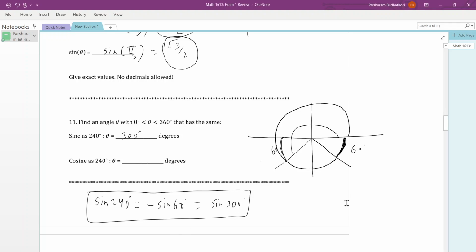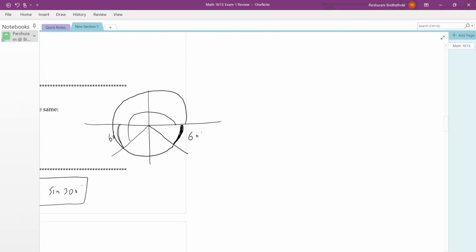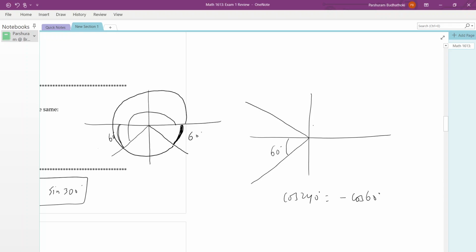Okay, so let me draw another graph here. 240 degrees is this one, so the reference angle would be 60 degrees, and this is in quadrant 3. Cosine 240 degrees is actually negative cosine 60 degrees, but there is another angle, which is this one.